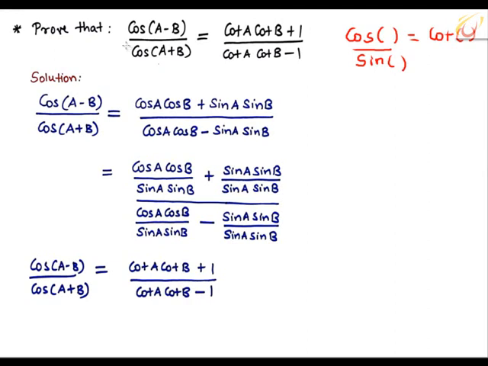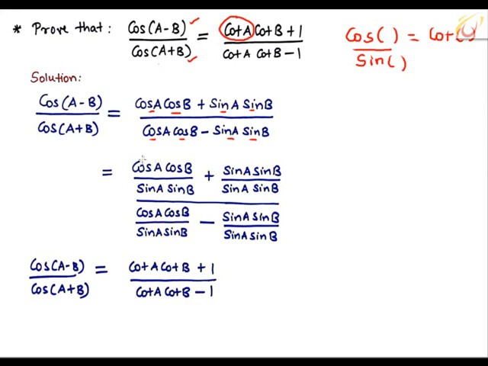On our LHS, we have cos(A minus B) upon cos(A plus B). Expanding that, we get (cos A cos B plus sin A sin B) upon (cos A cos B minus sin A sin B). Now on our RHS, we need a cot A.